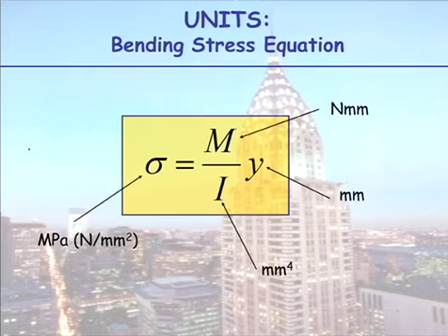Finally, unit consistency. It's a formula, just as the buckling formula and the PL on AE deflection formula. You just need to be consistent. My favourite units are newtons and millimetres, because stresses are normally of the order of megapascals.